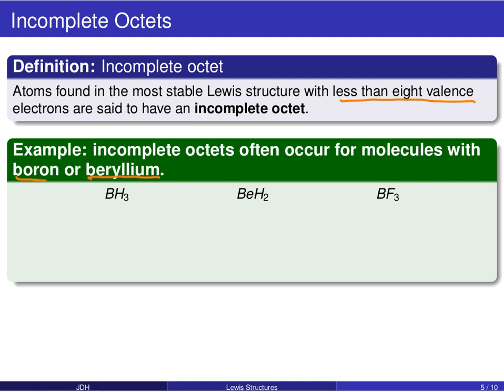There are more than that, but the vast majority of the examples you'll see in this class are centered around boron or beryllium. And so if you were to draw out the Lewis structures for, say, BH3 or beryllium H2 or boron trifluoride, right?